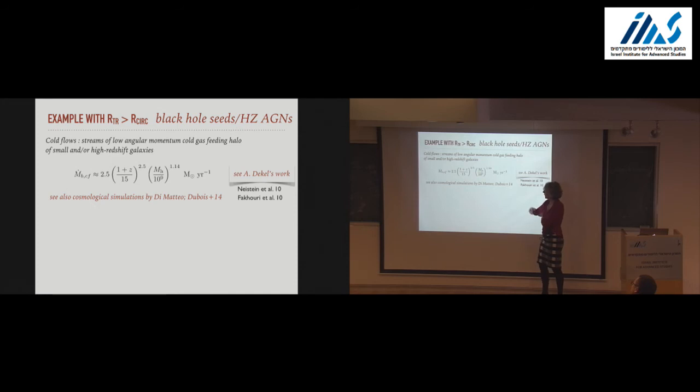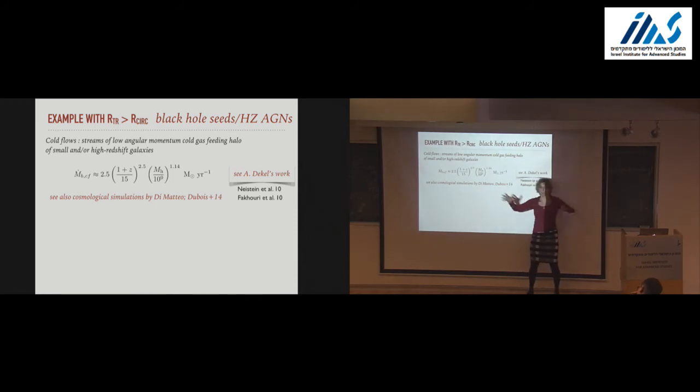But if we take the cold flows, this is the accretion rate through the virial radius. At redshift 15, for a halo mass of 10 to the 9, a proto-galaxy, you can have a few solar masses per year.